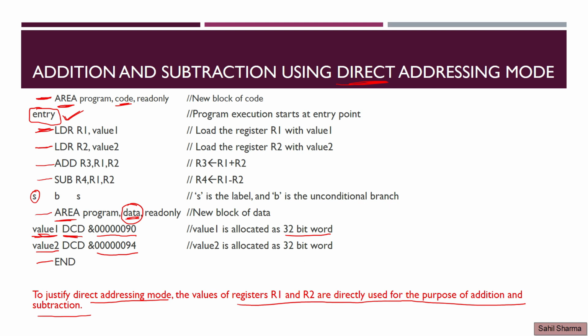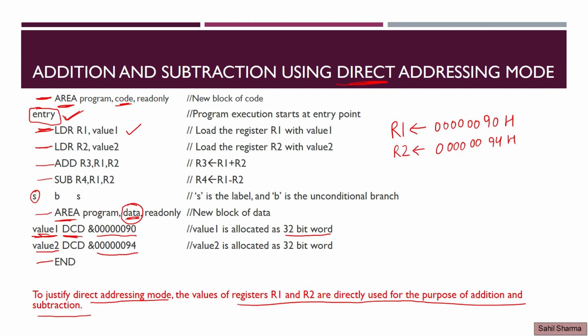In the code section, this statement LDR R1, value 1 means that we have given R1 a value of 90H, and R2 we have given a value of 94H.